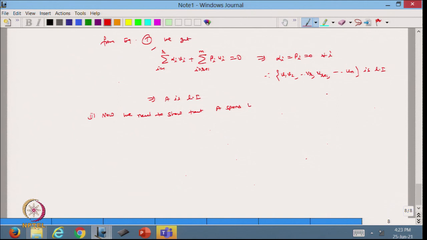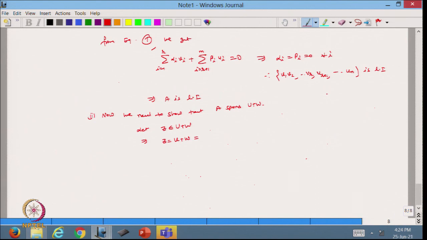Now, let me take an element z belongs to U plus W, which implies I can write z as some element u plus some w.